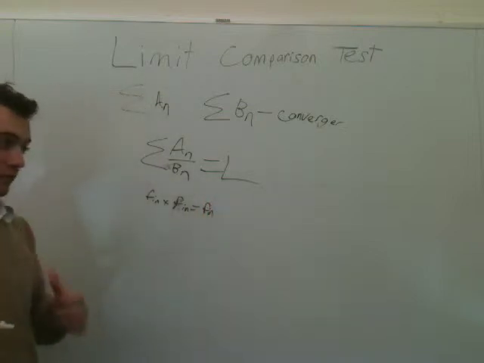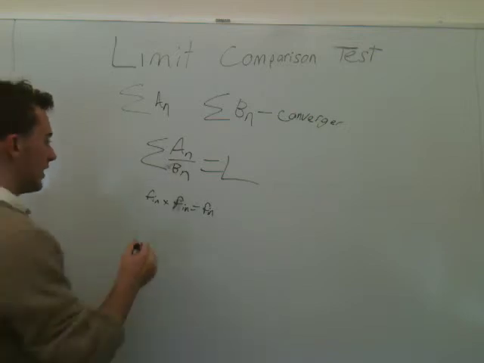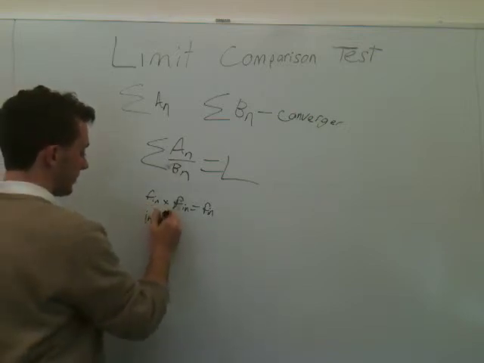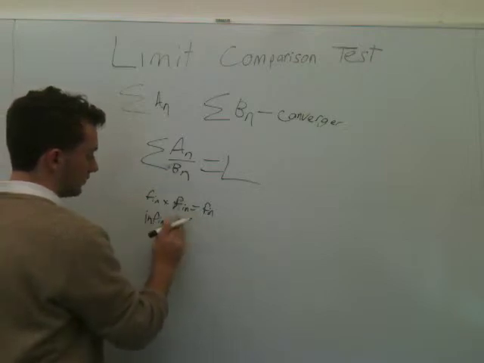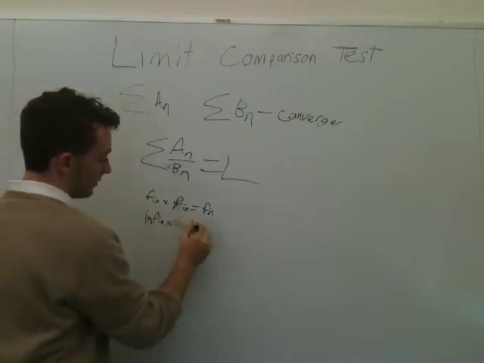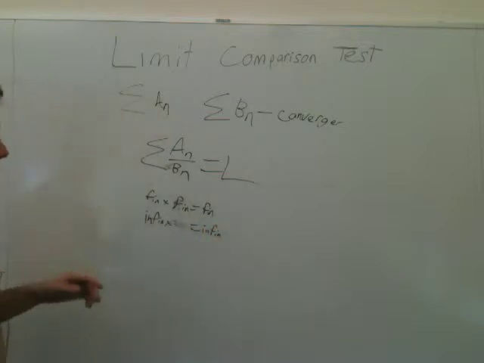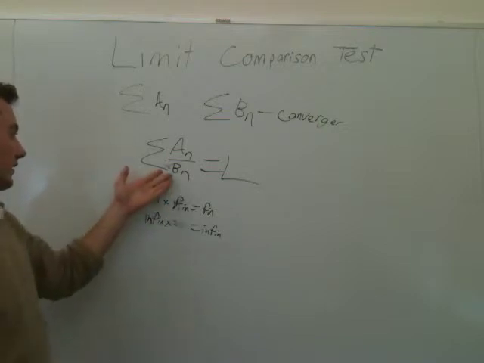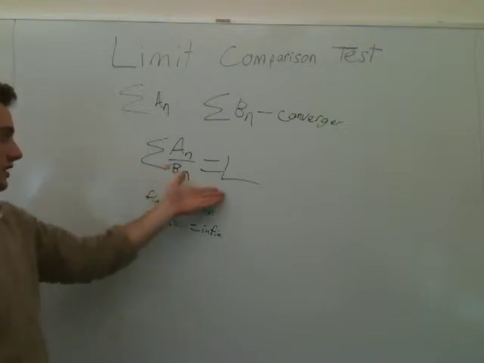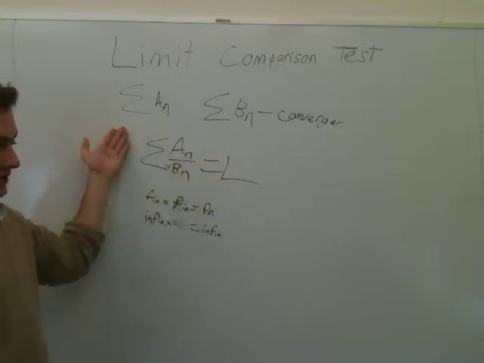The same is true for infinite numbers. Any infinite number multiplied by any number will still equal an infinite number. So if b of n diverged and a of n over b of n still equals L, then a of n diverges.